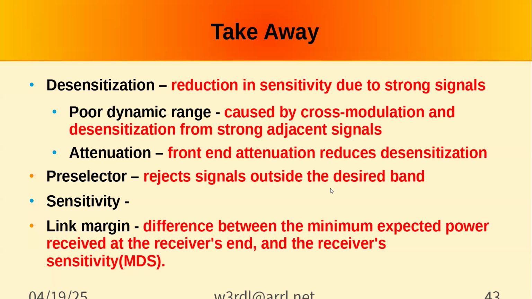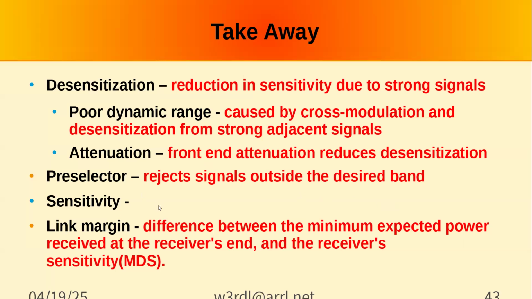Dynamic range due to cross modulation and the desensitization. Attenuation on the front end can help reduce it because you're going to reduce the interfering signal, which is causing the blocking. Pre-selectors help you reject signals outside the band that you're trying to receive.